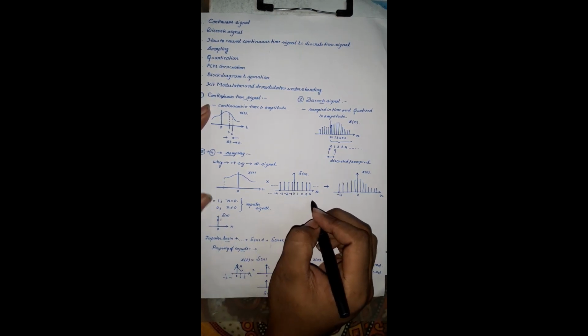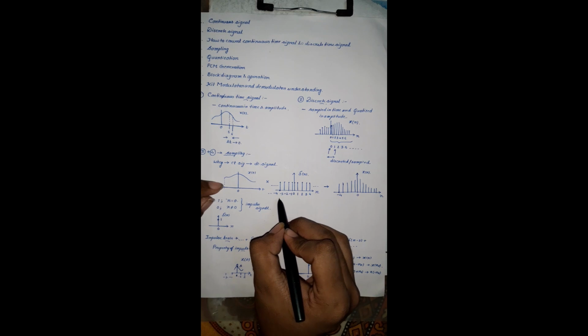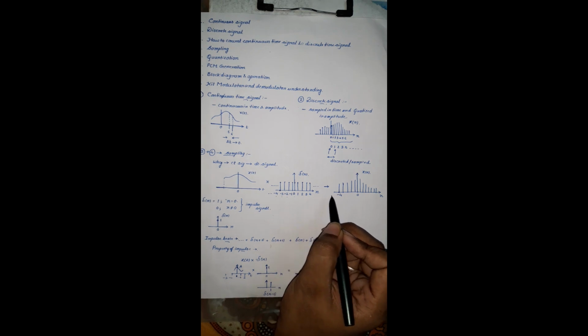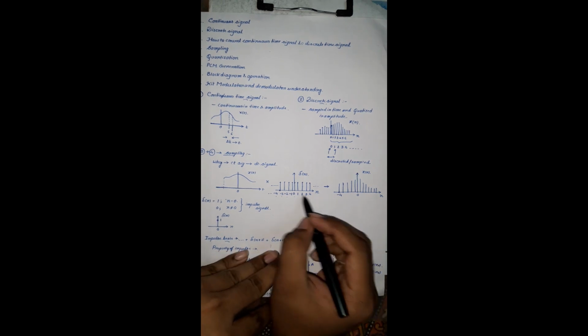That means we have sampled, listen to my words carefully, this continuous time signal at some values. What are the values? The values are -3, -2, -1, 0, 1, 2, 3, 4, etc. At those particular times only we have sampled.